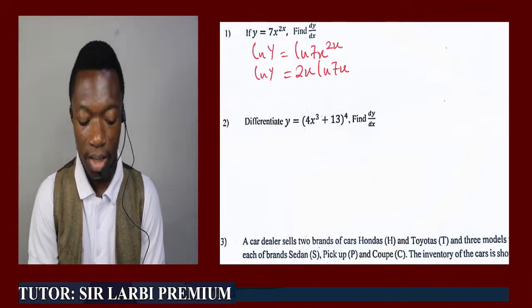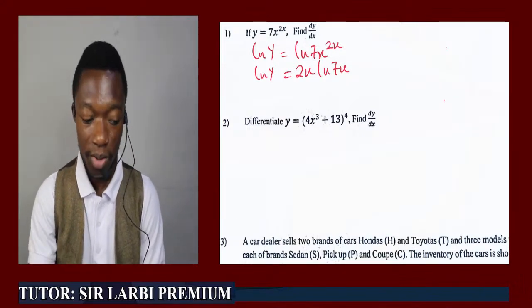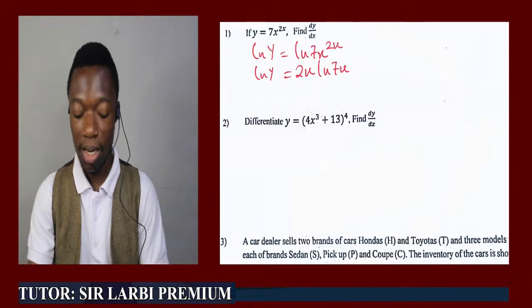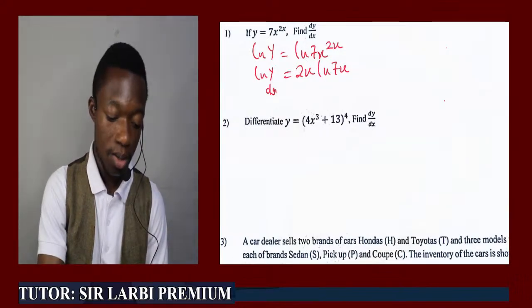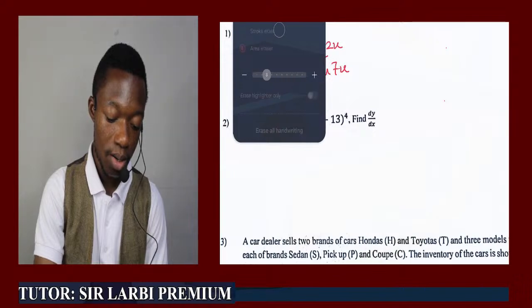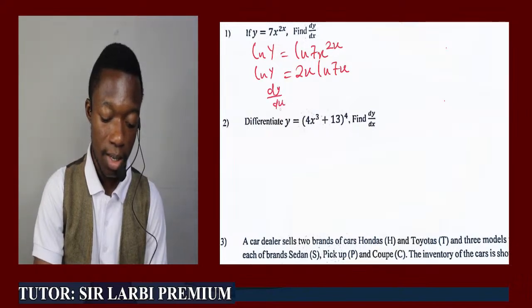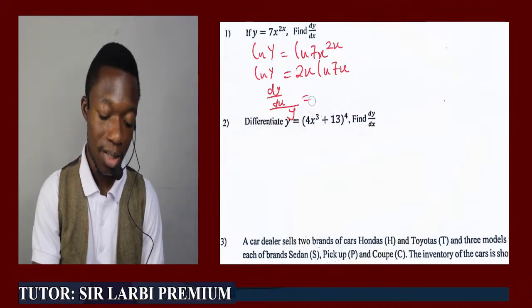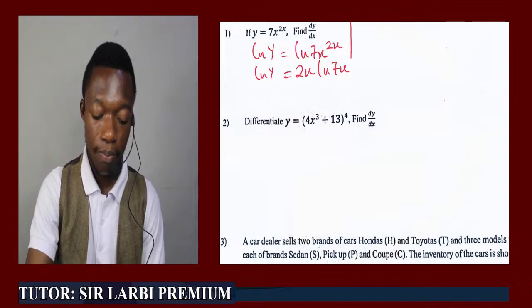Once you get it, the next thing is to differentiate the expression for the first differential. When I differentiate the log function, log y with respect to x, I'm supposed to get dy over dx, divided by y.